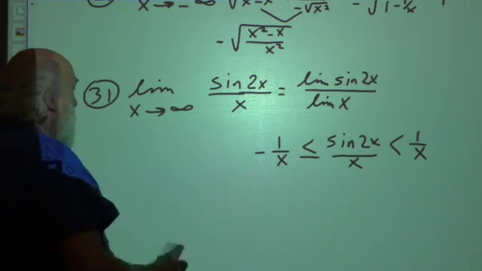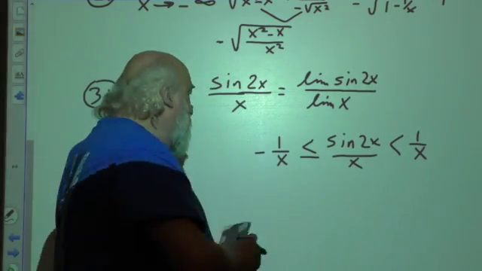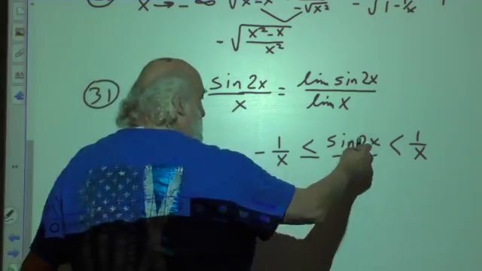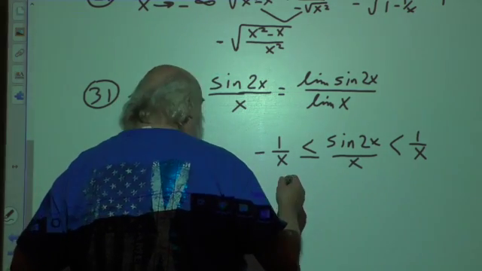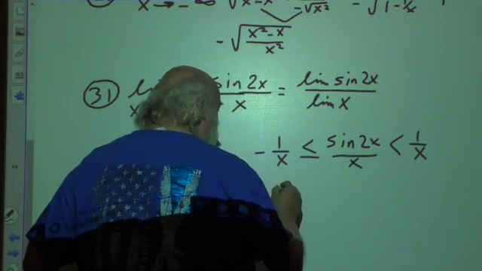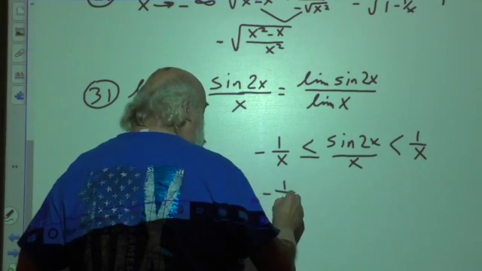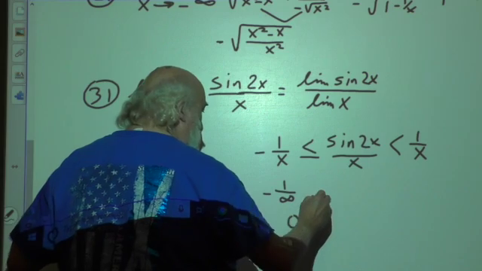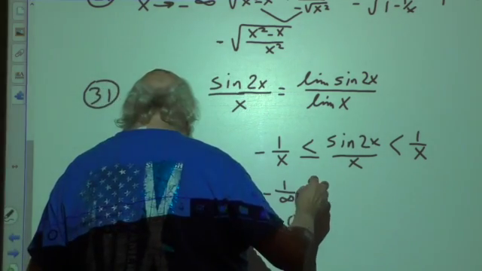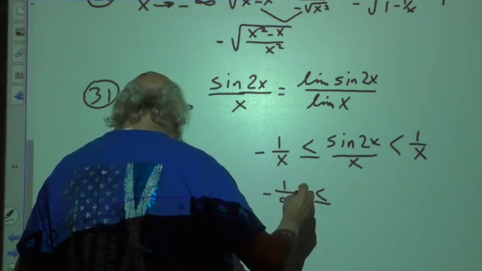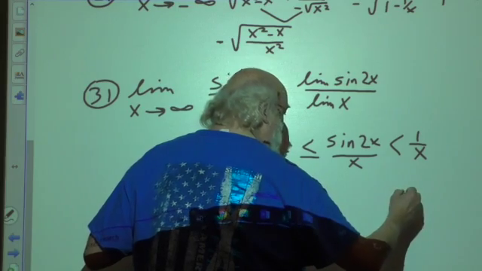Okay, now, since I'm putting infinity in here for x, that means that this is going to be negative 1 over infinity, which is 0, is less than or equal to, and this is going to be, well, let's take a look over here.